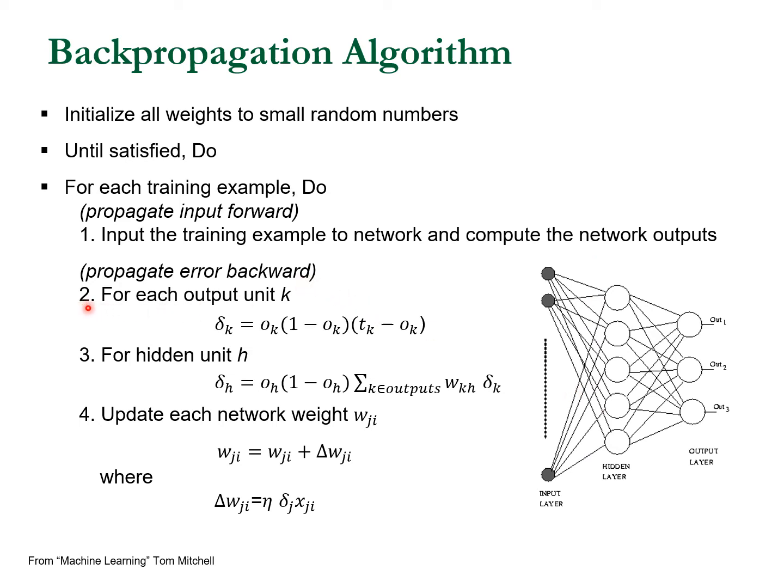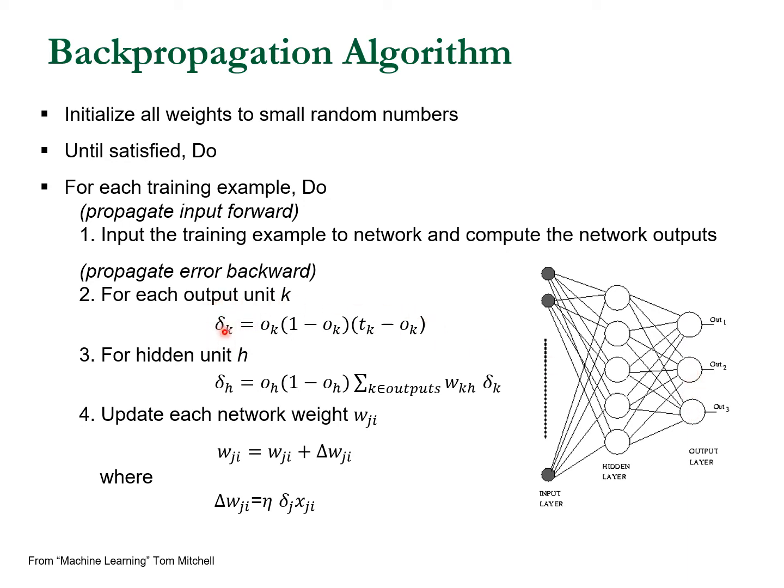So in step 2, for each output node K, in this case we have 3 output nodes, we compute this.